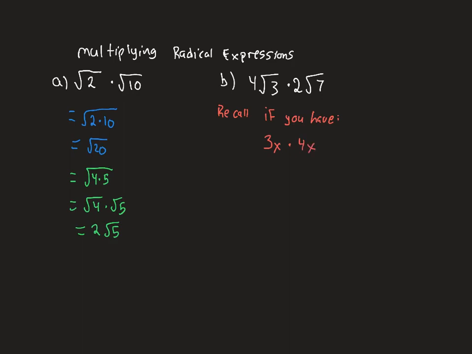Well, in this case, the 3 and the 4 multiply each other. And the x's multiply each other. Okay? Which would end up giving me 12x squared.